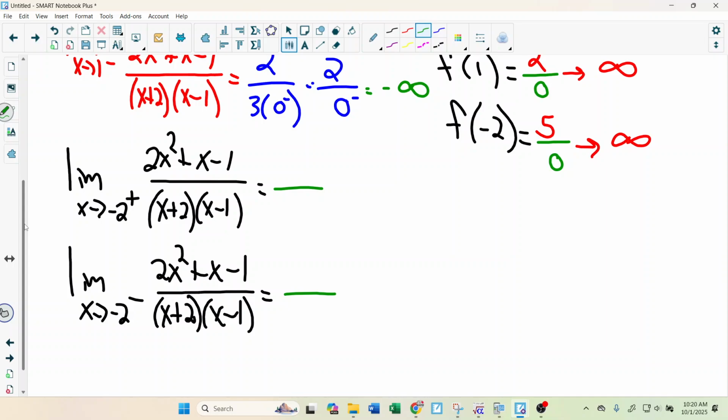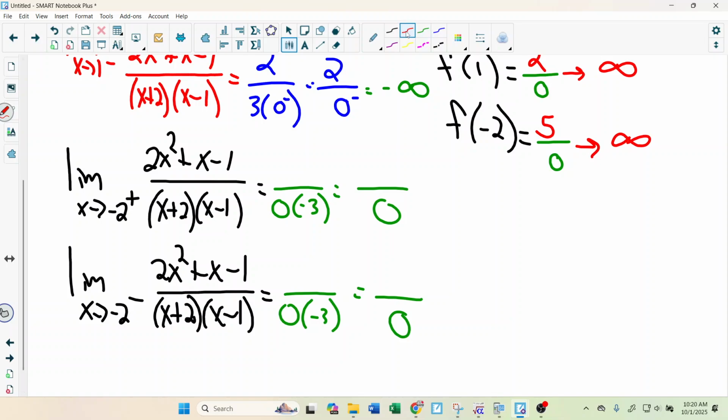If I plug negative 2 in here, I get 0. And if I put negative 2 in here, what do I get? Negative 3, right? So now, when I consider my 0, as I approach negative 2 from the right, this is going to be a positive or negative 0.